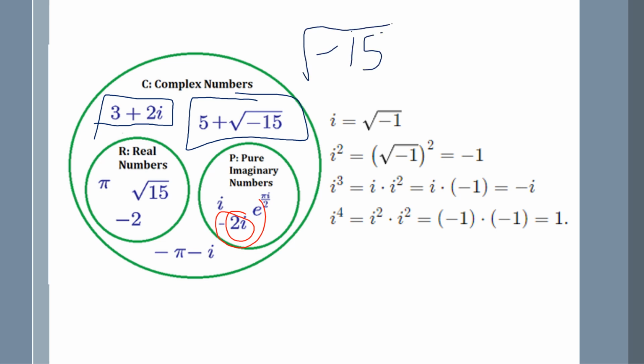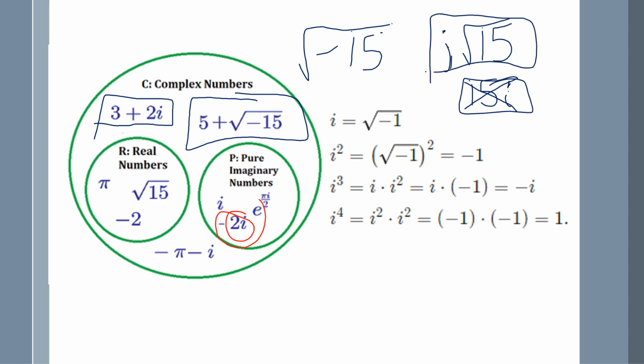When you write that, you have to write it as i, comma, 15. I usually prefer to do 15i, but on the ACT, they won't tolerate that answer. So put the i in front always.